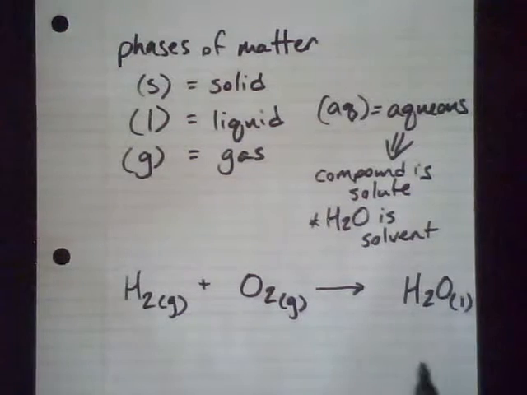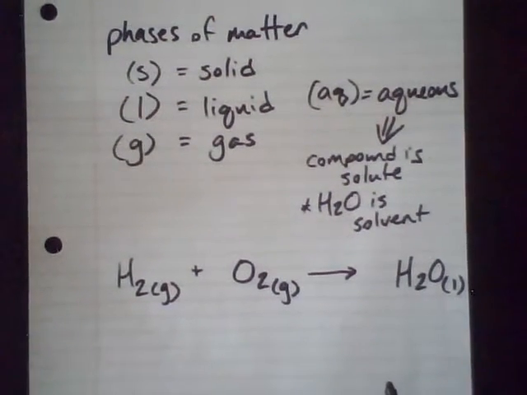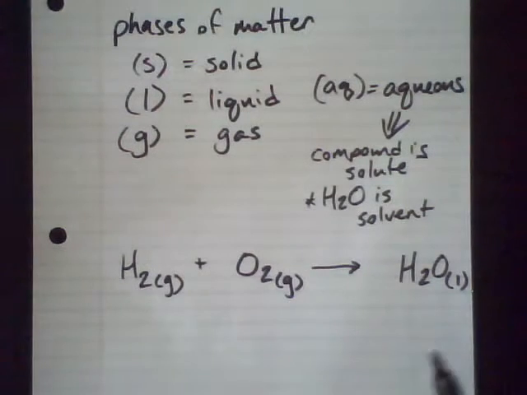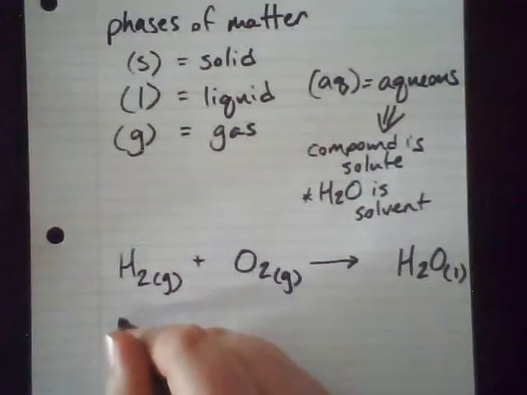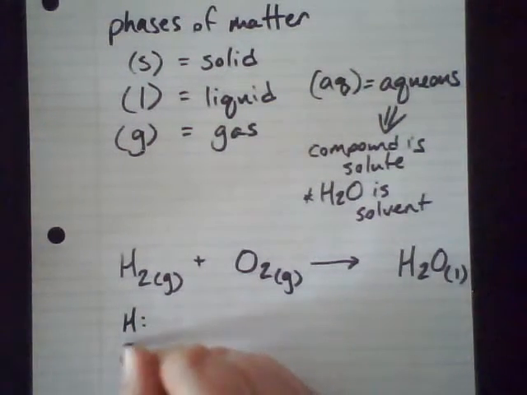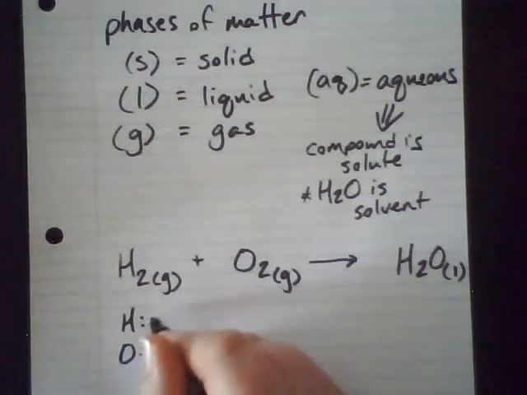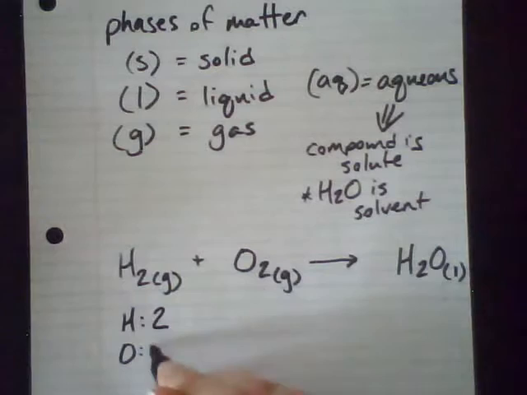Now this reaction is not quite complete, because just like a mathematical equation, whatever I have on this side has to equal or balance out with whatever I have on this side. And if I look at the number of things that I have on each side, so if I do a little quick accounting of how many hydrogens and how many oxygens I have on each side, I have 2 hydrogens, 2 oxygens, okay?